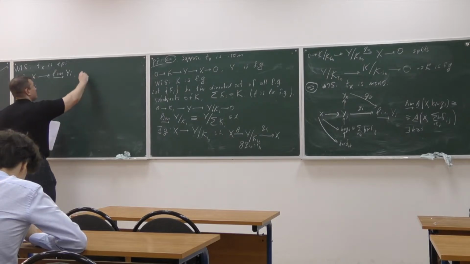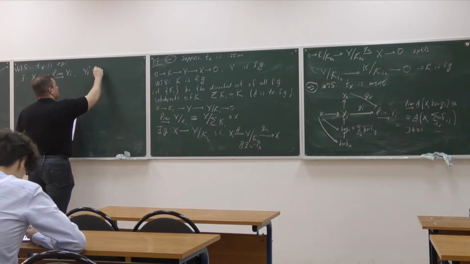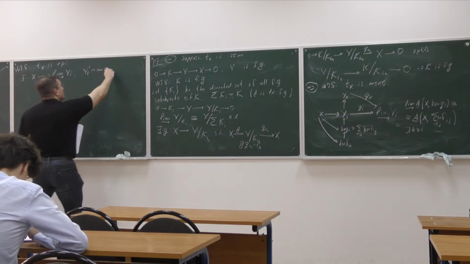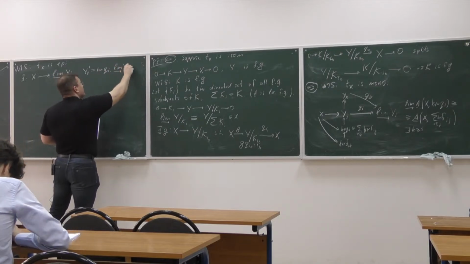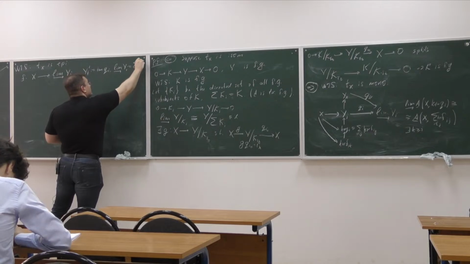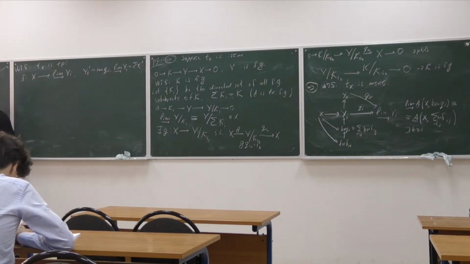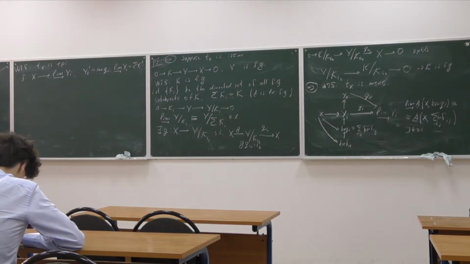Let me introduce some notation: y prime with the index I, by definition, is the image of the q sub I. Then we know that the direct limit of the yi's is the sum of the yi's prime. That was a lemma that we proved a long time ago, in the beginning of the discussion of the abelian categories.